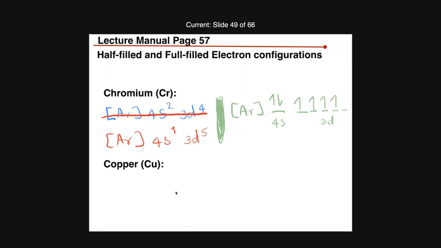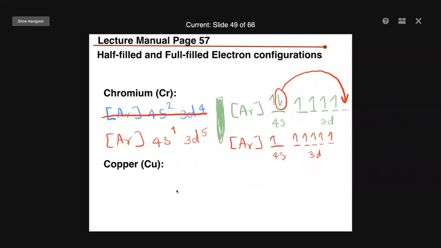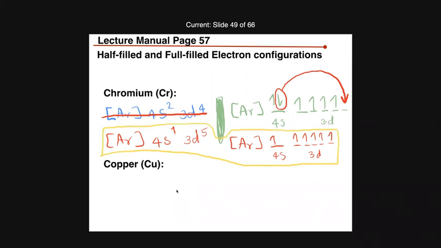So the 4s electron right here can actually jump into the 3d. If we do this, you have the result as Ar 4s1, 3d with 5 electrons filling in the 3d. This electron configuration is much more stable than what we saw earlier, and it is what we refer to as the half-filled electron configuration, which is more stable than what we had previously. So this is called half-filled.